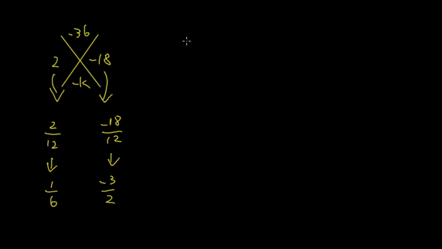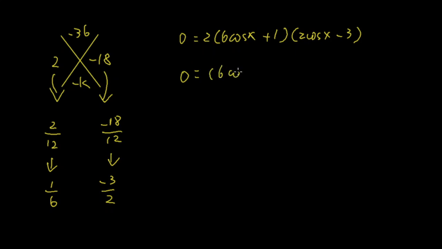Now write the factor form. 0 equals 2 times 6 cosine x plus 1 times 2 cosine of x minus 3. That's another potential factor form. Now divide both sides by 2. You have 0 equals 6 cosine of x plus 1 times 2 cosine of x minus 3.